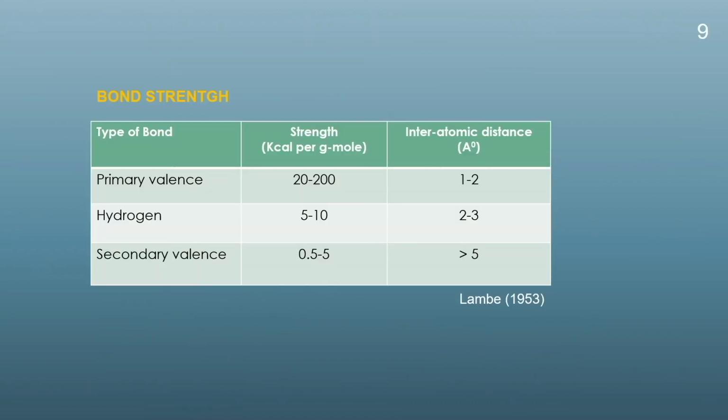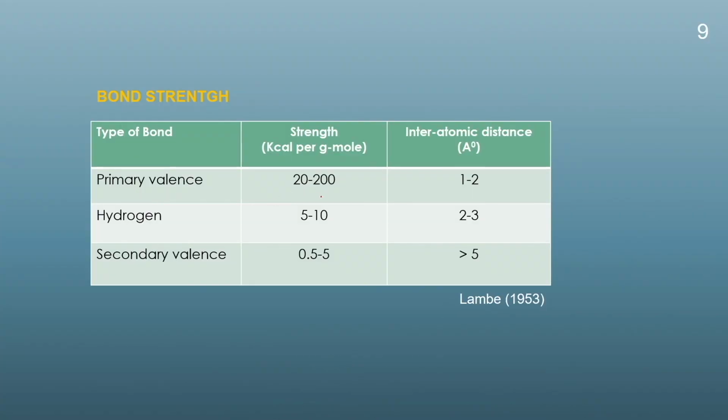Now compare the different types of bond in terms of their strength. The primary valence bonds are very strong in nature. Generally the bond strength is between 20 to 200 kilocalorie per gram mole, and this acts at a very small distance, that is 1 to 2 angstrom, whereas the hydrogen bond strength is between 5 to 10 kilocalorie per gram mole, and it acts at an interatomic distance of 2 to 3 angstrom.